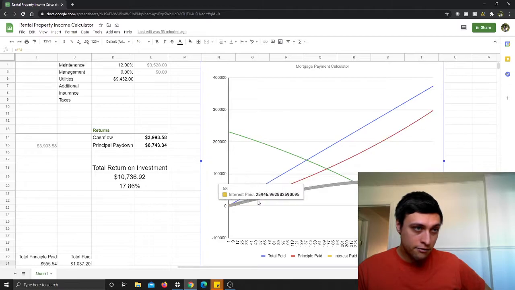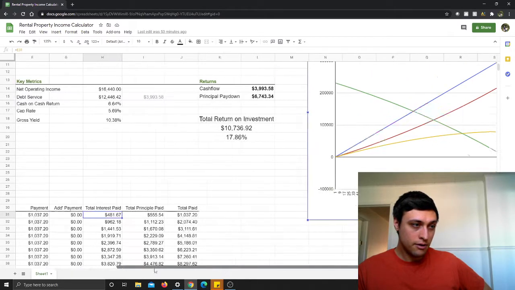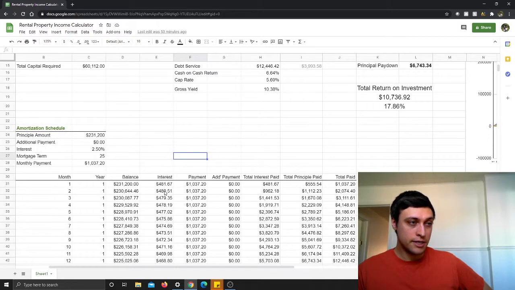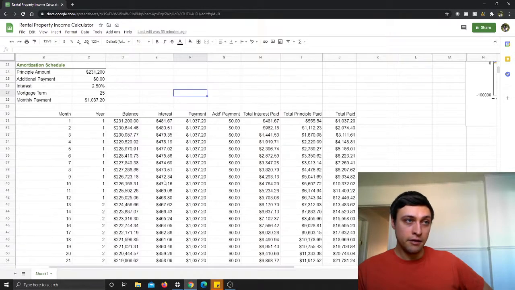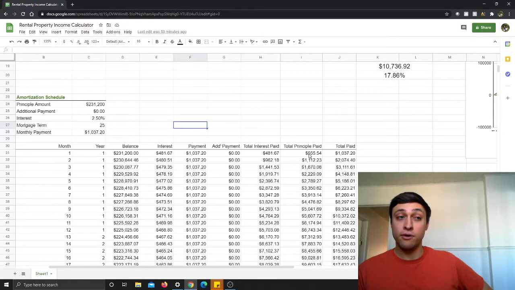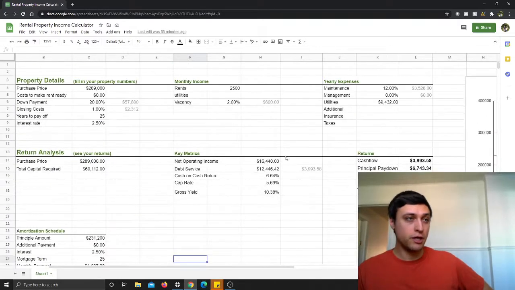Now starting off, you can see your interest is getting smaller over time, and the amount that you're paying in principal is getting larger as a result.